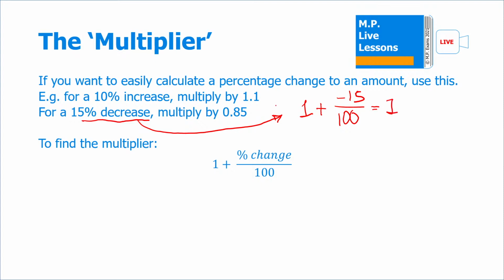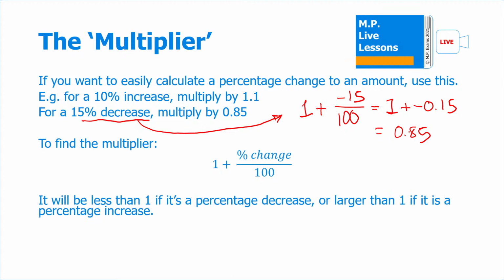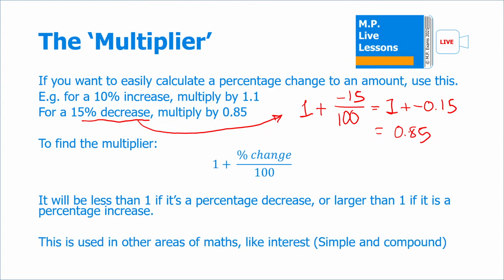This gets us 1 and negative 0.15, which gets us 0.85. Remember, if it's less than 1, it's a percentage decrease, whereas if it's larger than 1, it's a percentage increase. Now this can be used in other areas of maths, such as interest, simple and compound, and other things.